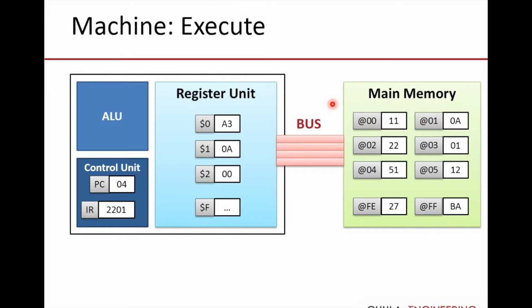If you can recall from the last time we discussed the example of the fetch, the instruction register contains the value 2201. Then the control unit will put the value 01 into register 2, based on the instruction 2201 that's in the instruction register.